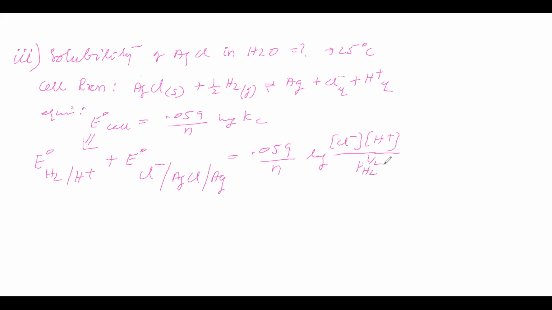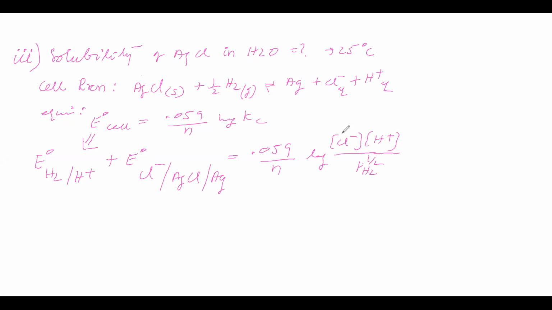Sir, now we will substitute the values. The standard potential of hydrogen electrode is 0. We know this value, and we have to substitute n, the H plus concentration and the hydrogen gas pressure, then we will get the Cl minus concentration.